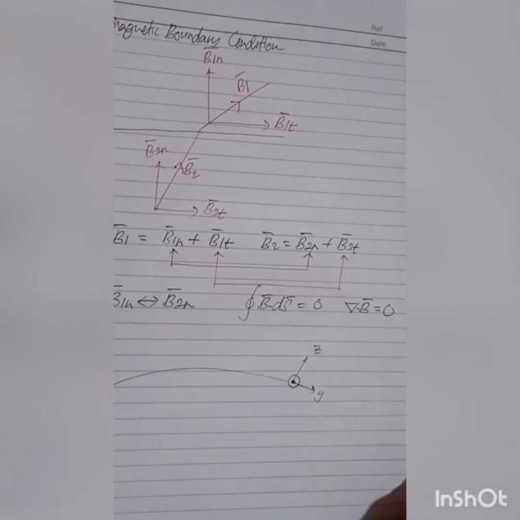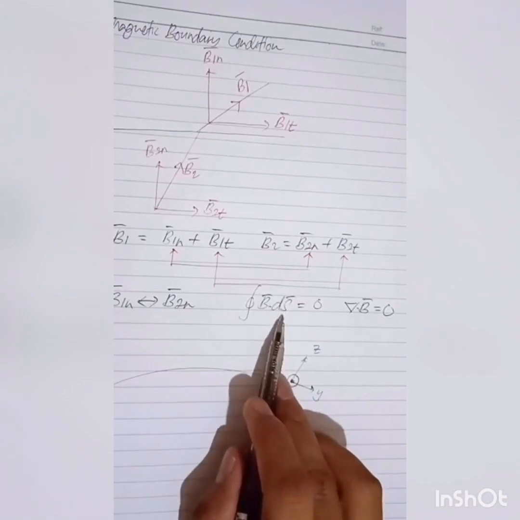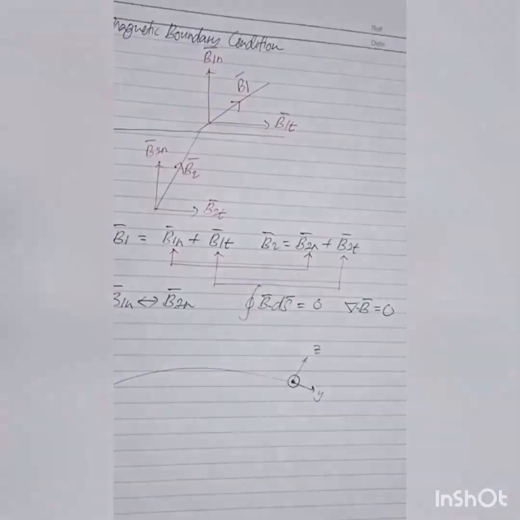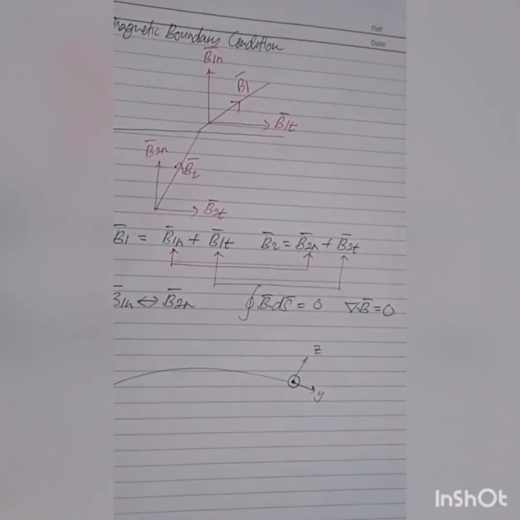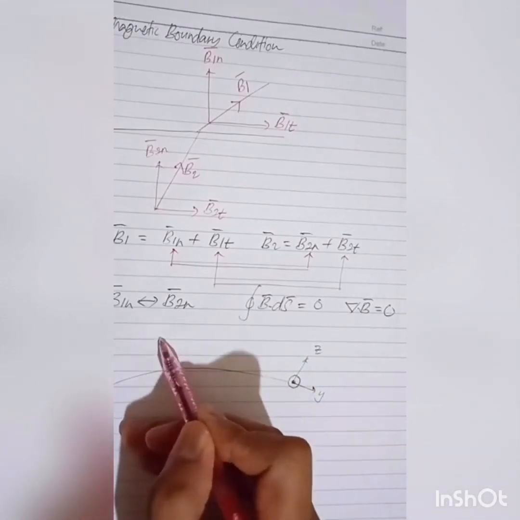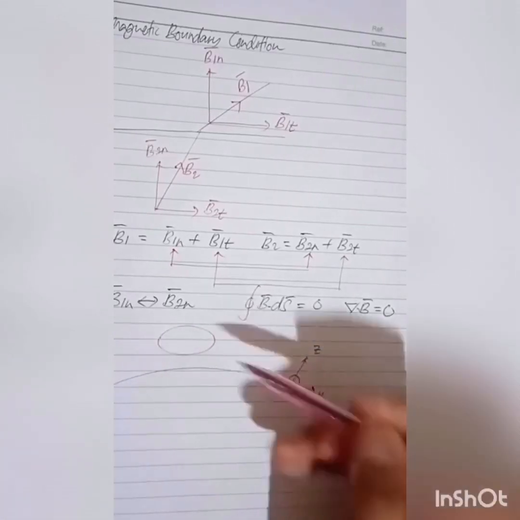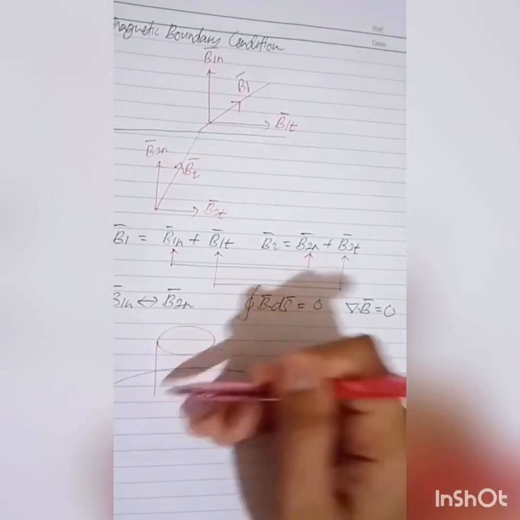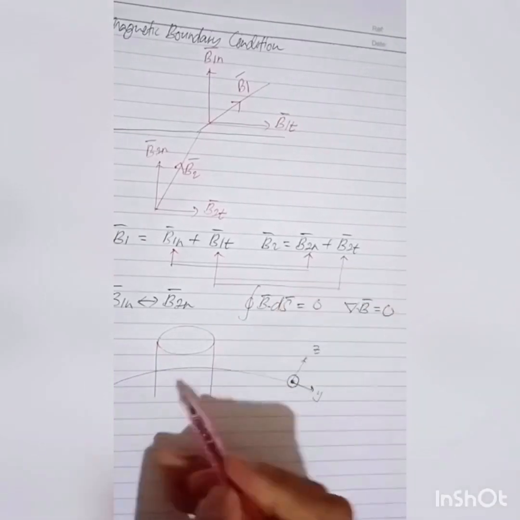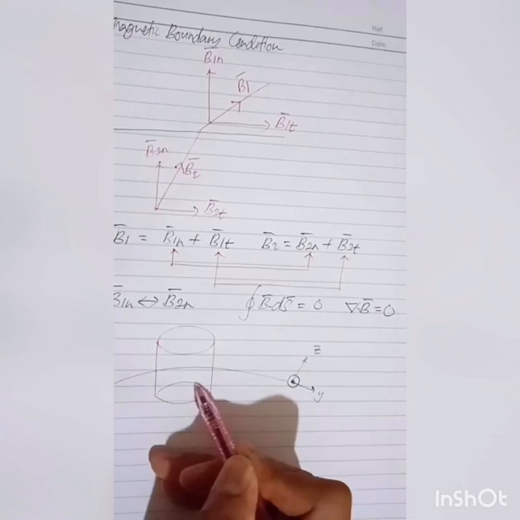Since we have this fourth Maxwell equation, we need a Gaussian surface which must be closed. Let's say I draw a cylindrical structure as my Gaussian surface. You can choose any other surface, but I'm going to choose this cylindrical structure because it's much easier, as I only have to deal with 3 surfaces.